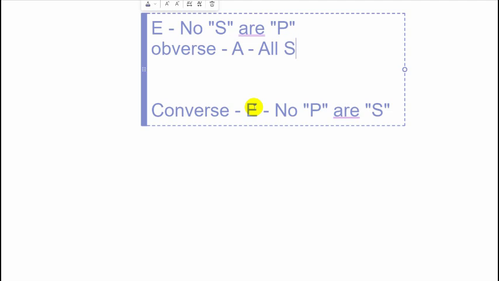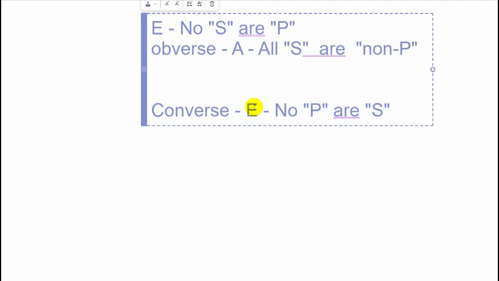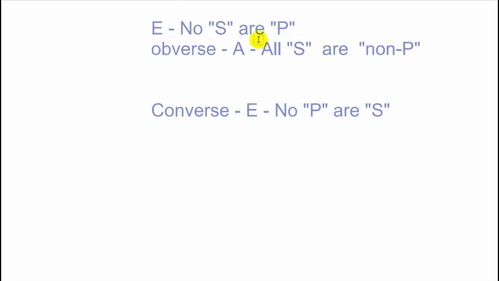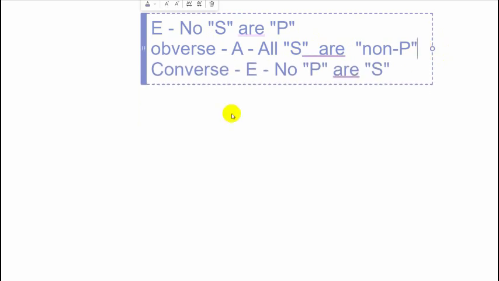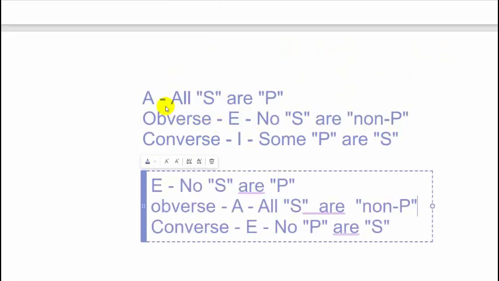So S R P remains like this, but the predicate now will be replaced with non-P. So, the obverse of E is A, and the obverse of no S R P is all S are non-P. Now the meaning of both of these is the same. You can check both of them, A, E.